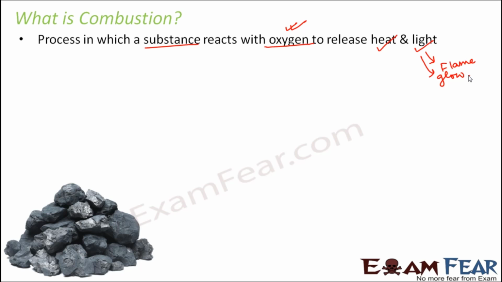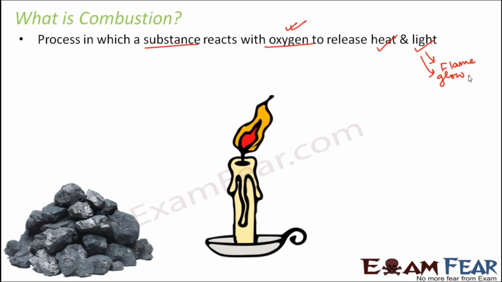Here you see coal, and here you see a candle. If I burn both of these, the process taking place is combustion, because as soon as I burn it, the substance, that is the coal or the wax of the candle, reacts with the oxygen of the surroundings, and due to that reaction a lot of heat and light is produced.